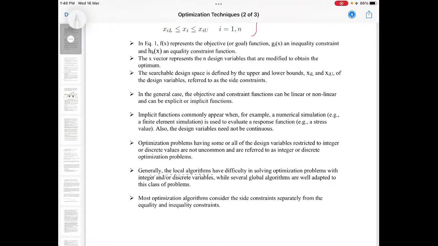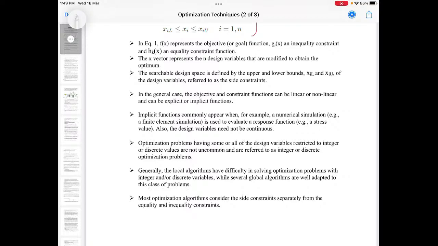Where it is difficult to solve using local algorithms, we have to use global algorithms, and a certain class of problem that is difficult to solve using local algorithms can be solved by global algorithms.